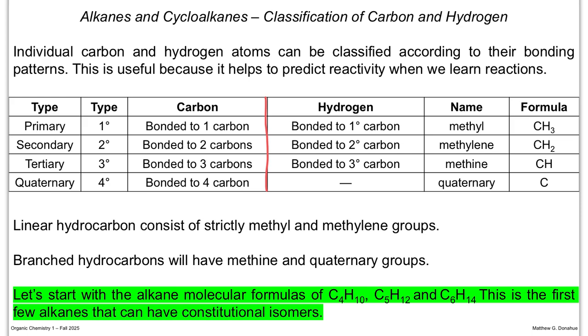The reason that knowing this is important, when we learn our first reaction of CH substitution, you have to classify every carbon and every hydrogen in a molecule according to that pattern. And then depending on the reagents you use, you can rationally predict where a hydrogen is going to get substituted.